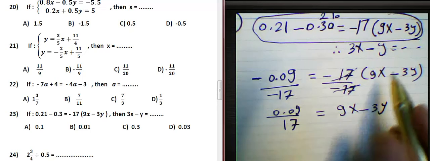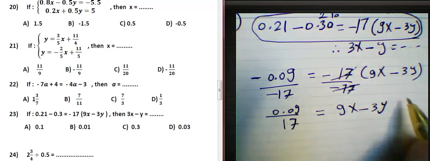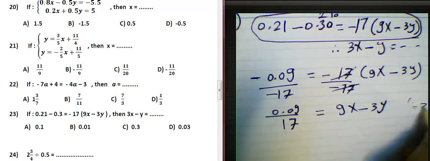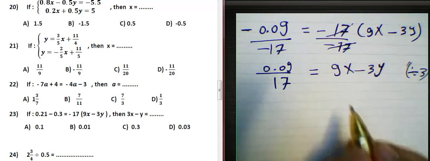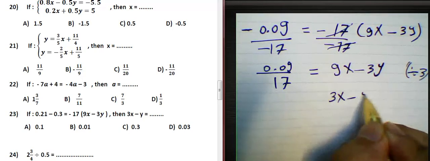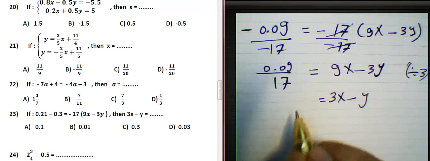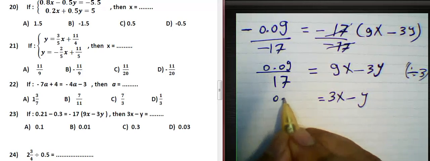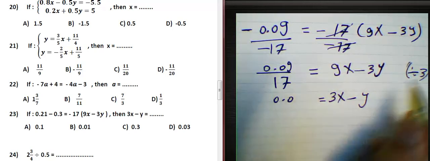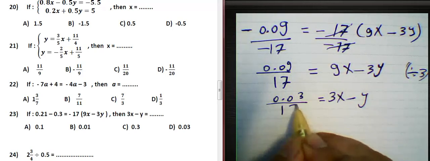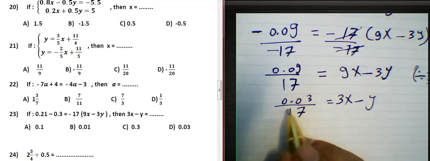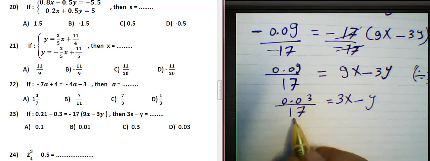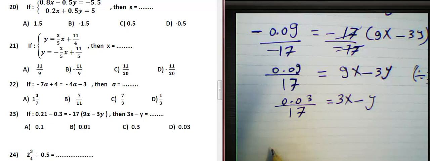We want to find 3x minus y. So we must divide by 3 on the left hand side and right hand side. So the result will be 3x minus y equals 0.09 divided by 3, which is 0.03 divided by 17.